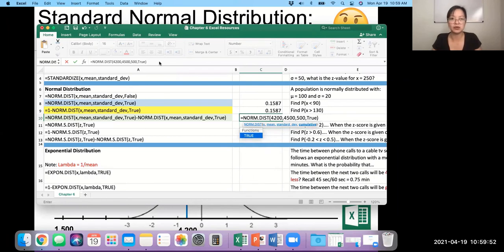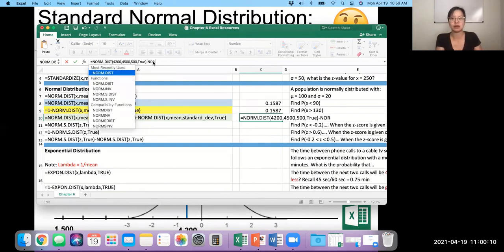And now you want to be careful. You'll have to click on the other side of that parentheses or finish closing parentheses and type in minus. So you can see I had that formula and then I typed in a minus and it's ready for more instruction. So that's when I'll go ahead and type in the next norm.dist.